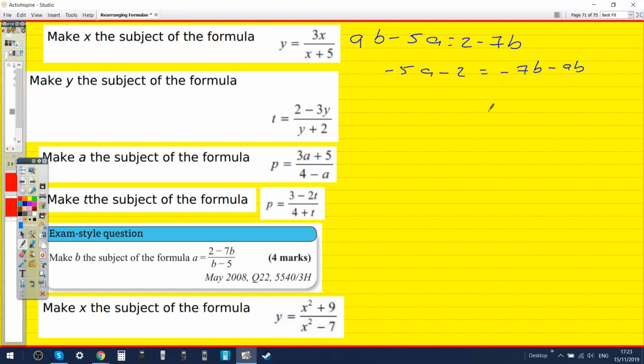Then put in a bracket, so minus 5a minus 2 equals minus b, open brackets, minus 7 minus a.